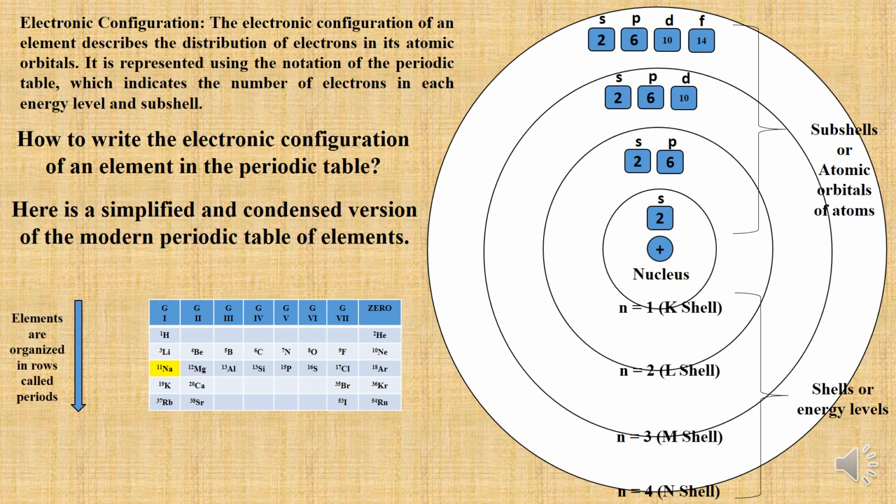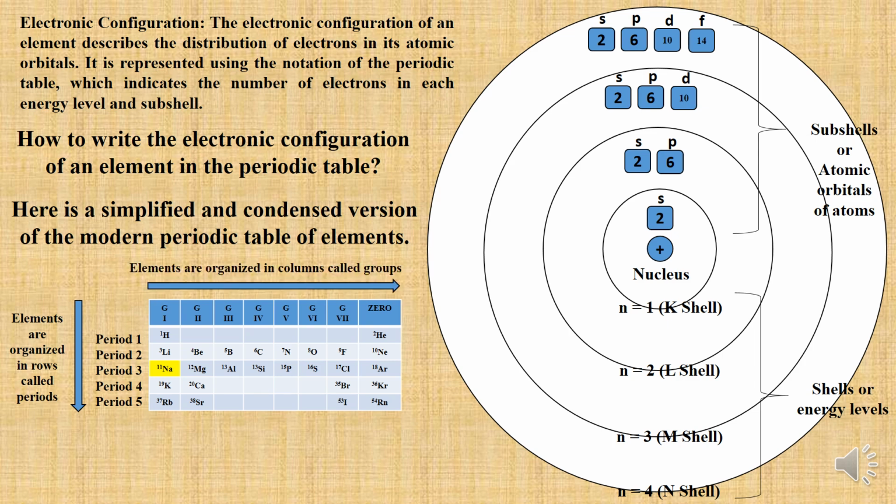Now, in the periodic table, you will find that the elements are organized in rows called periods, and the elements are organized in columns called groups.